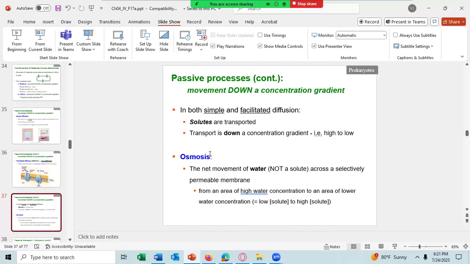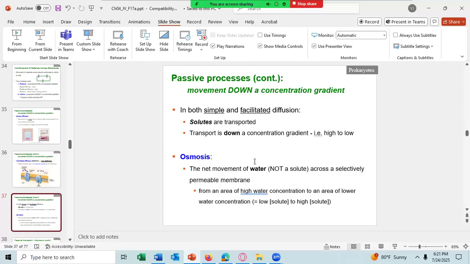And again, if your cell is in an area where there's less water outside the cell than inside the cell, it will lose water by osmosis, water moving across the cell membrane.